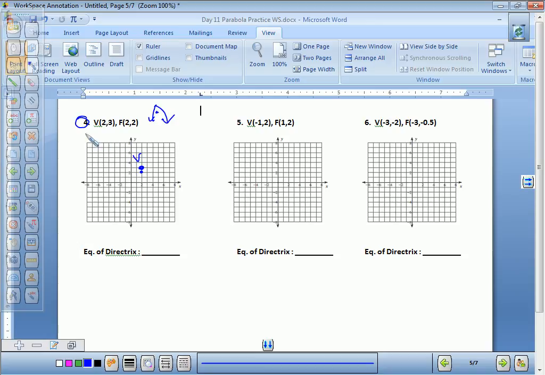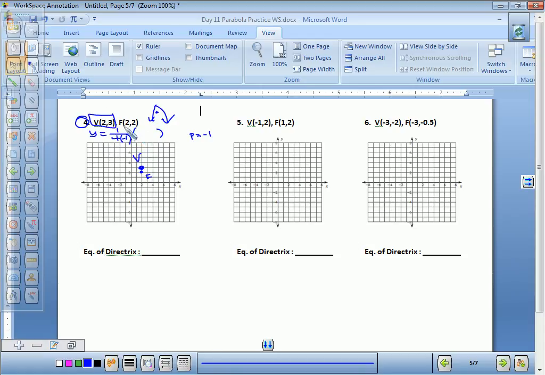Okay, so since it opens down, it's y equals something negative. It is negative because to go from the vertex to the focus, it is down 1 unit. Down 1. -1. Okay, now this time we actually have some work to do in here.